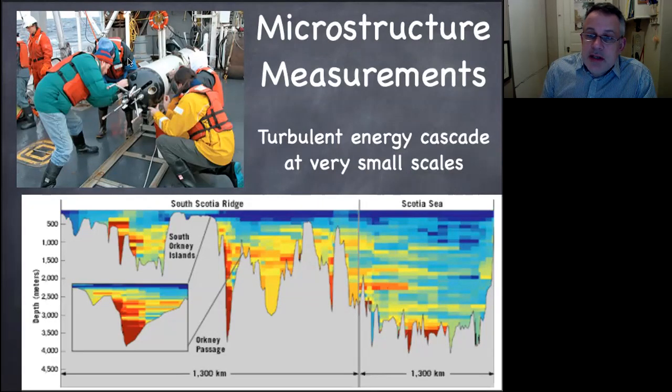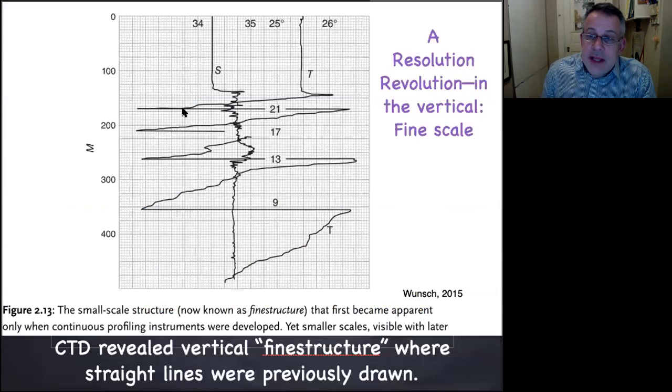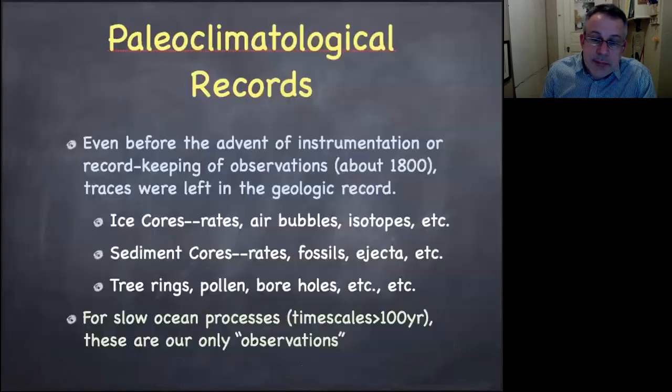So you take one of these instruments and you drop it, and it profiles, and we find that turbulence varies a lot based on the roughness of the seafloor below, but also things like how strong the currents are and how strong the tides are above it. And that's related to these intervals of mixing and unmixing that are discussed in Wunsch.